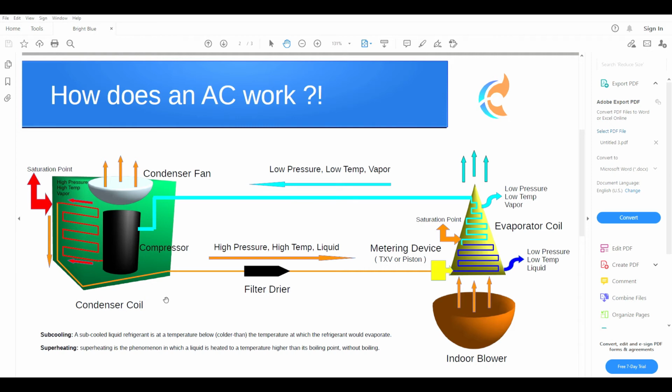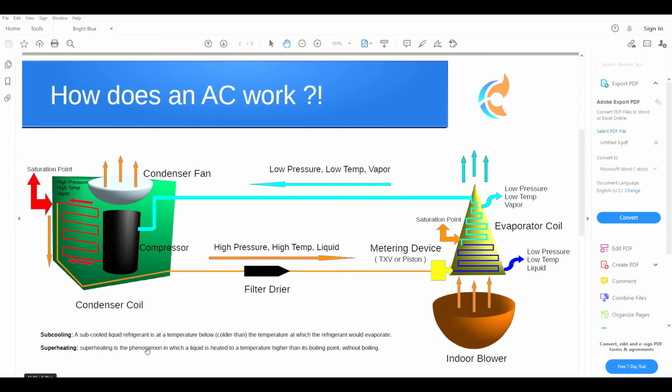So for that, you have to be familiar with subcooling and superheating. What are they? As I said here, subcooled liquid refrigerant is at a temperature below, or colder than, the temperature at which the refrigerant would evaporate. And I'll tell you what it means.